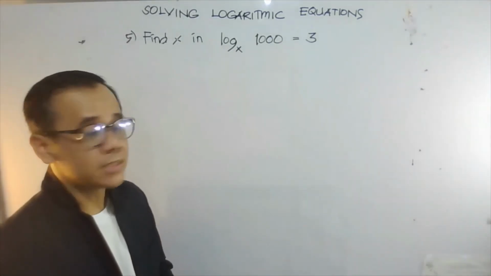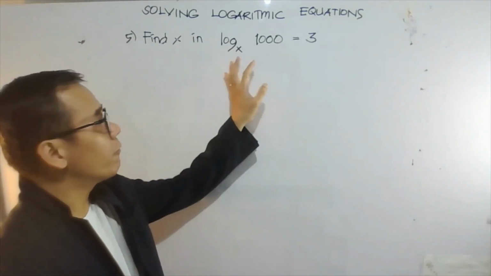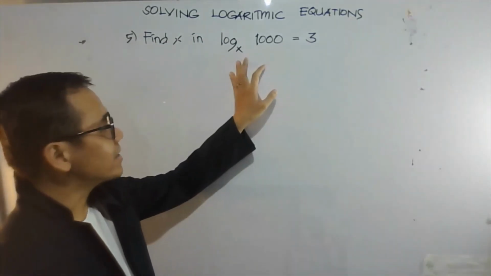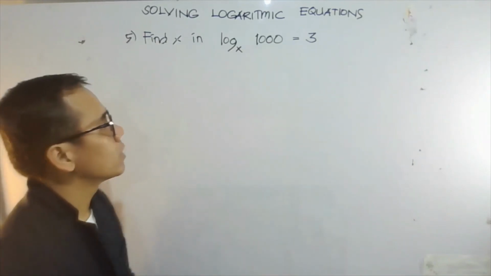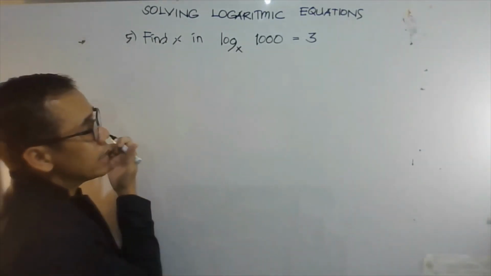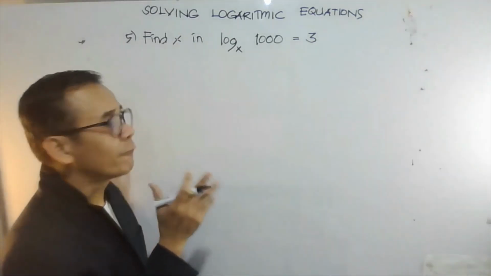We have here another example. Logarithm of 1000 base x is equal to 3. So we are asked to find the value of x. Again, let's apply property number 4.